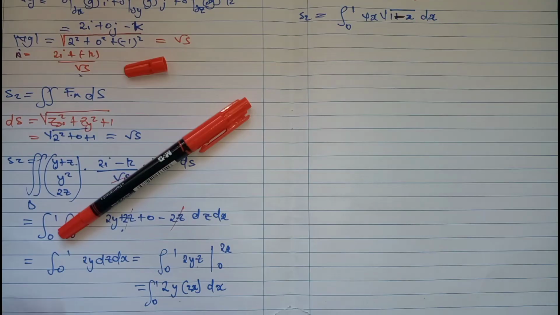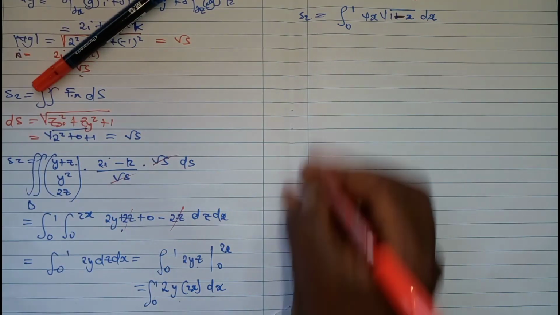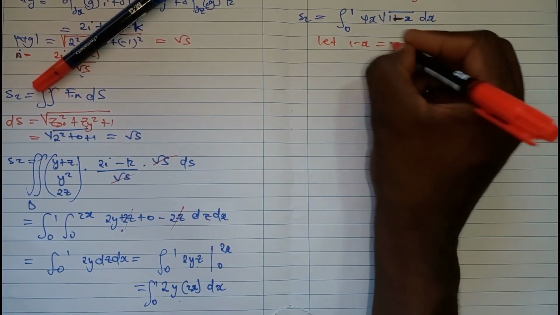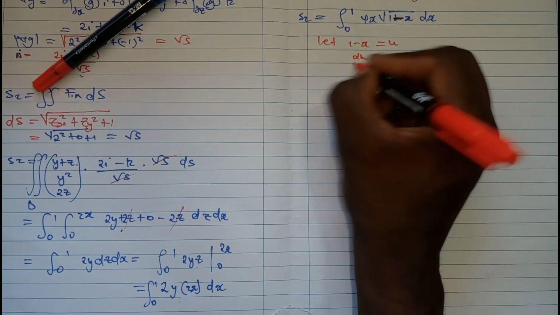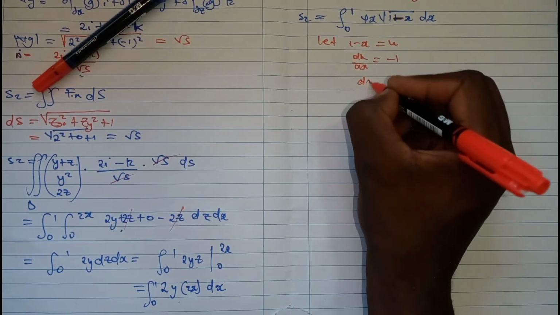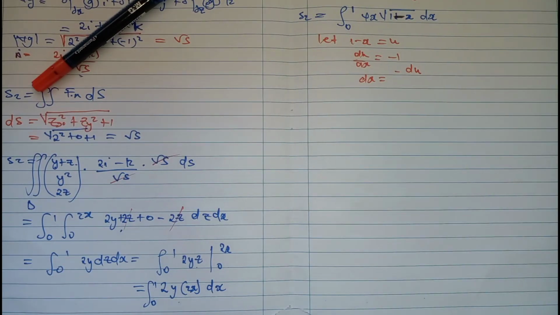So to solve this, we're going to use substitution. You can say let 1 minus x be equal to u, and that means du/dx is going to be negative 1, and the dx is going to be negative du.